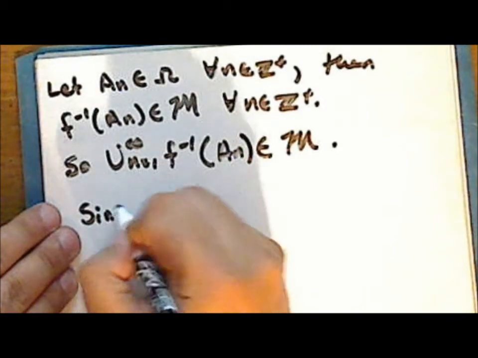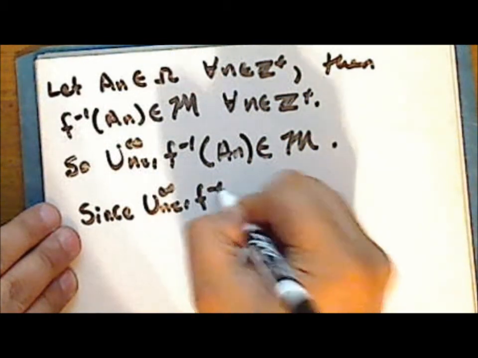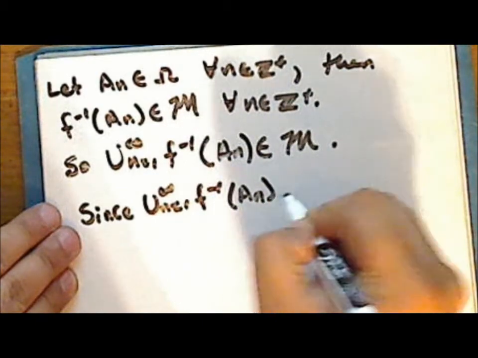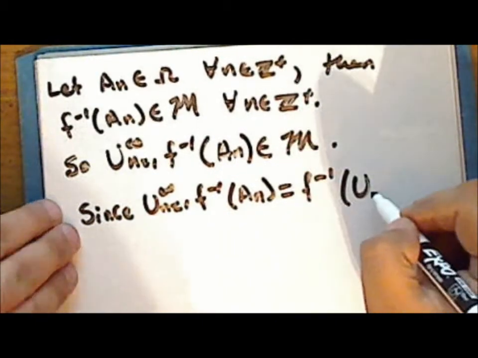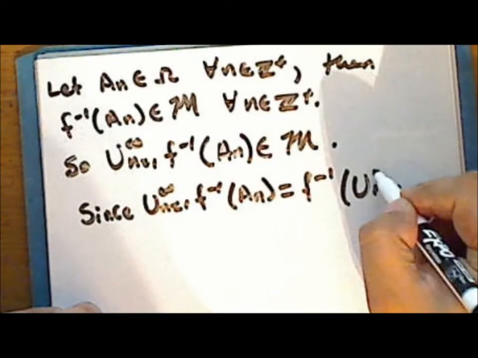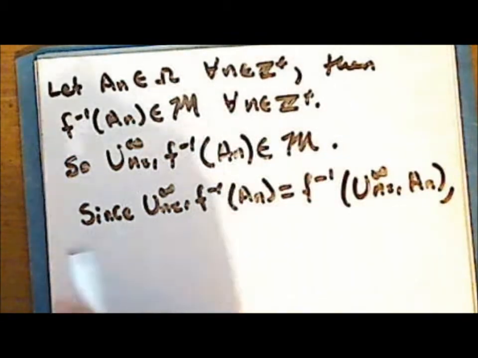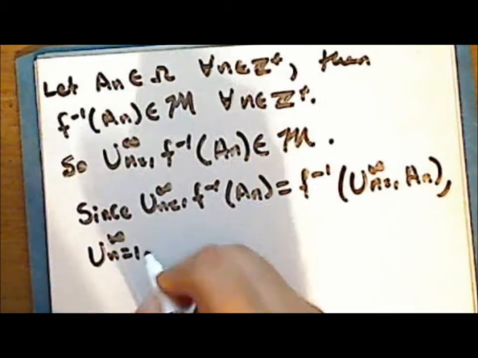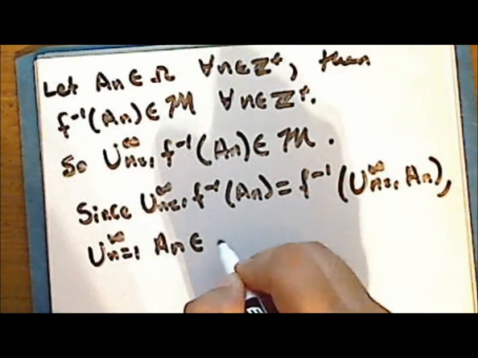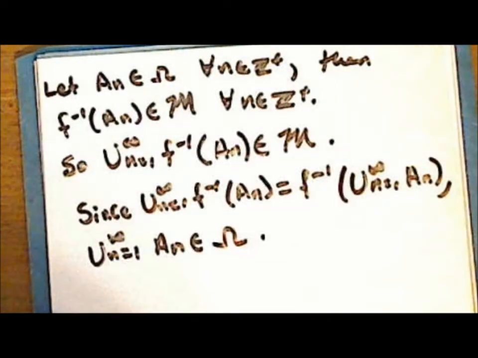Now, since the union of inverse images of a collection of sets is the same as the inverse image of the union of those sets, we see that the union of these sets is in the set omega, since its inverse image is a measurable set.